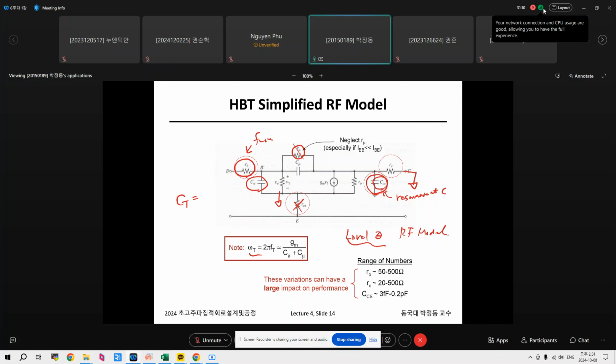Or if you neglect this, C pi plus C mu is the total capacitance. Okay. So IC divided by IB is beta, right? So this beta, this IB is what? This IB is actually shown to be like this.